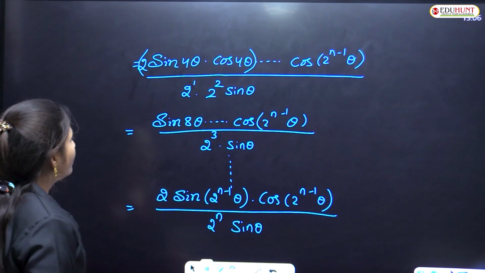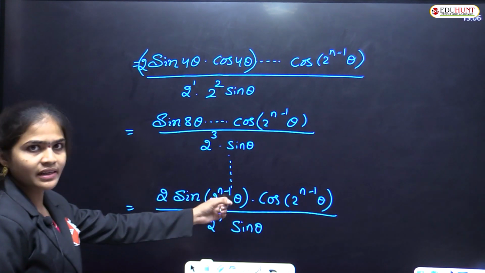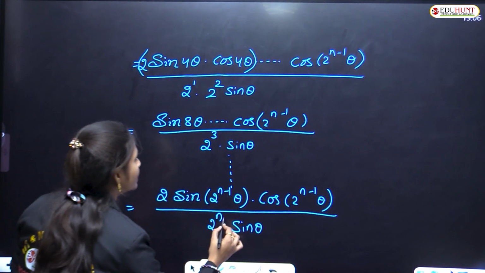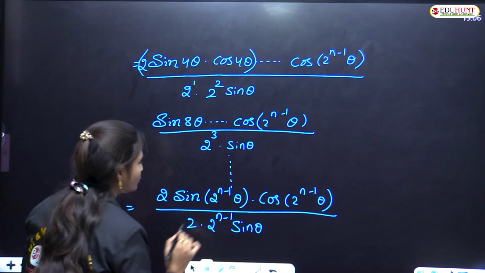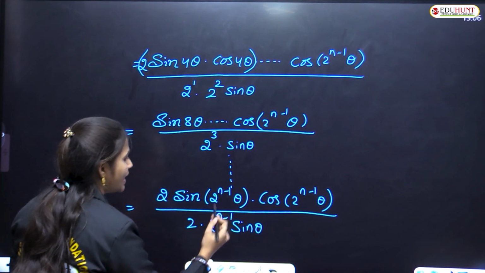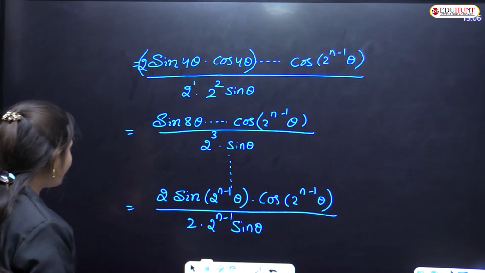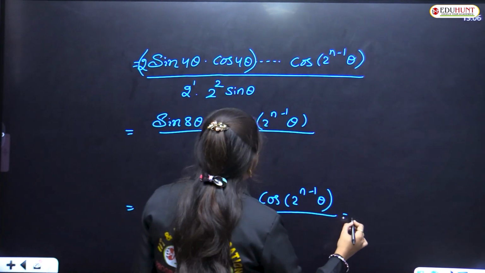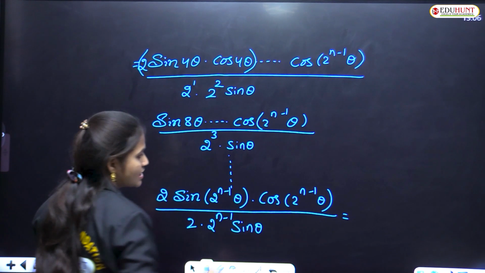Understand? Or else 2 power n minus 1 into 2, then what will we get? 2 power n minus 1 into 2. Why? Because 2 power n minus 1 terms, no. So that's why 2 power n minus 1 and here 2 power n minus 1. So from this one we will get, this is again 2 sin theta cos theta.